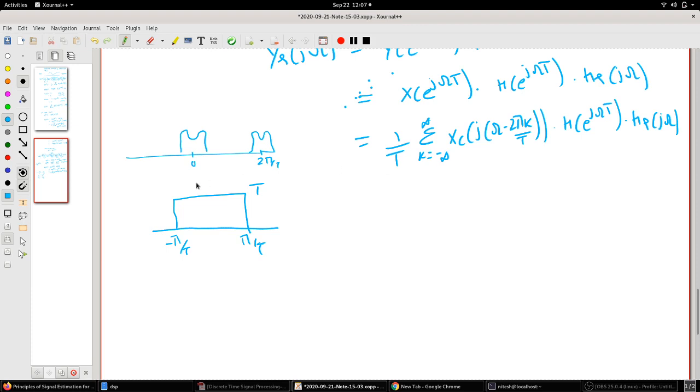So when you pass it through H(e^{jωT}), only the spectrum which is between minus π/T to π/T will pass through.